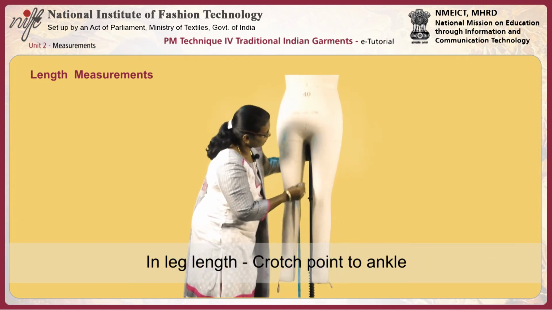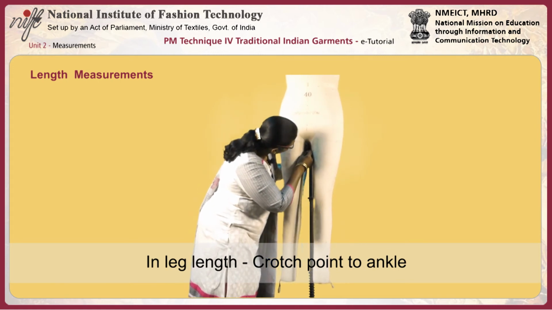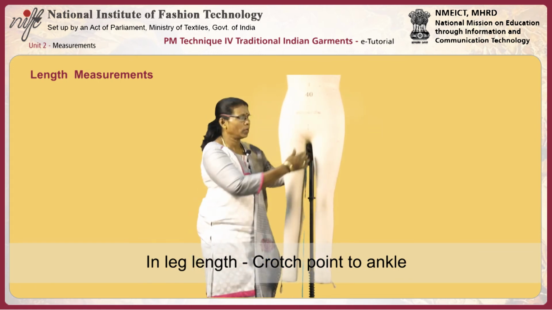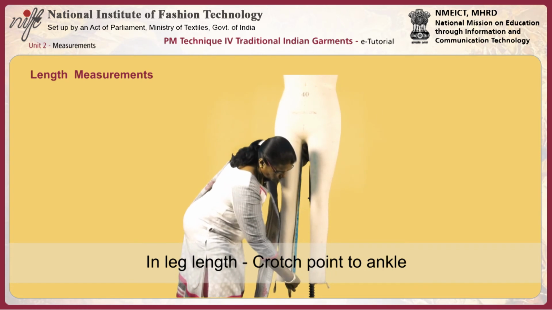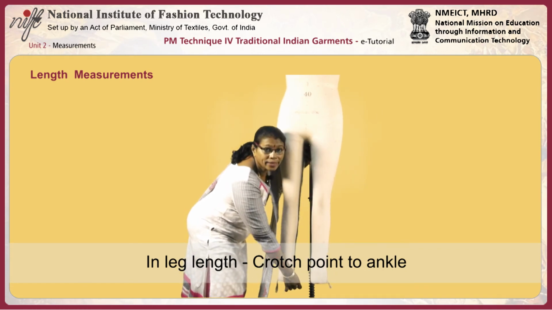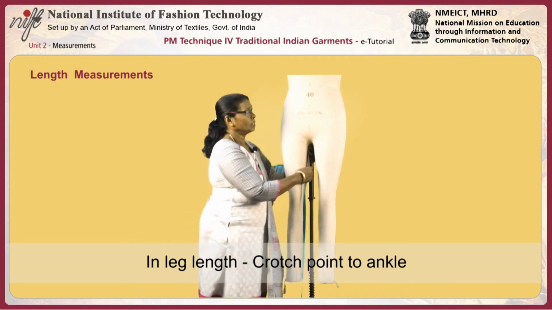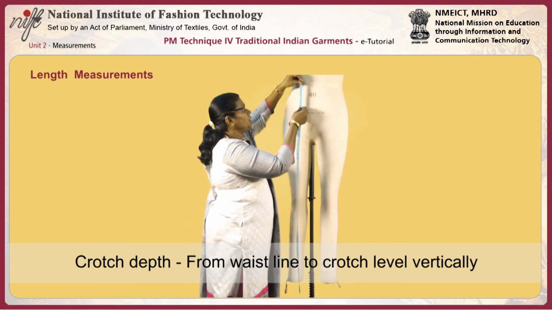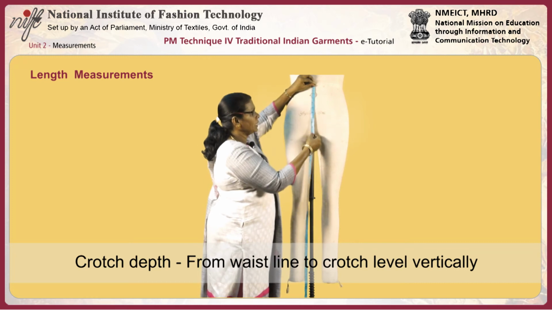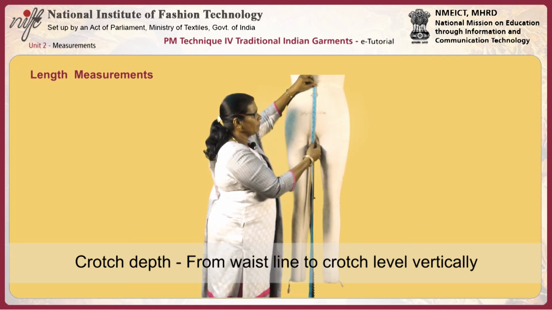In leg length is 1/4 inch down from the crotch point to the ankle level at the inside of the leg. Crotch depth is from waistline to crotch level.